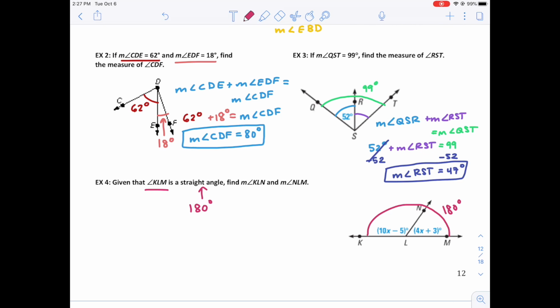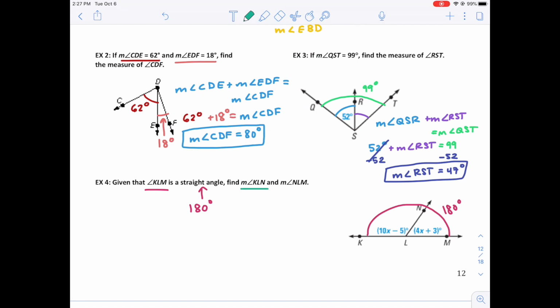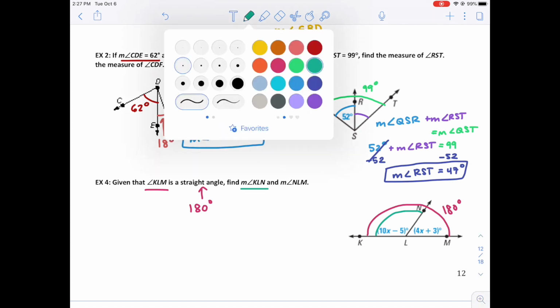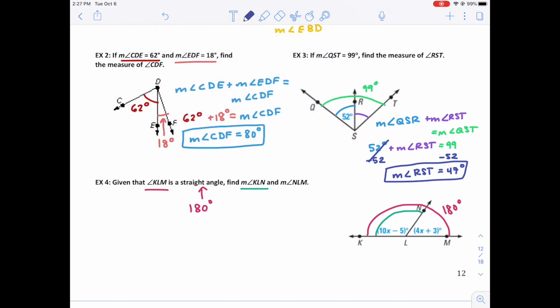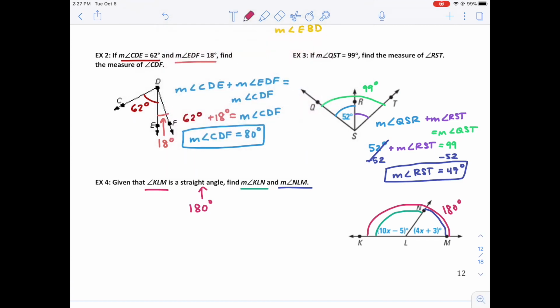Then we're told that the measure of angle KLN is one of the things we're looking for. So I need to find the measure of angle KLN. I'm given some variables, so I'm probably going to use those to solve for x. And then I also need to find the measure of angle NLM. So let's go ahead and set up the angle addition postulate. What the angle addition postulate says is that I can take the two smaller angles.